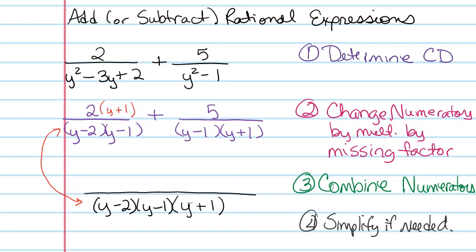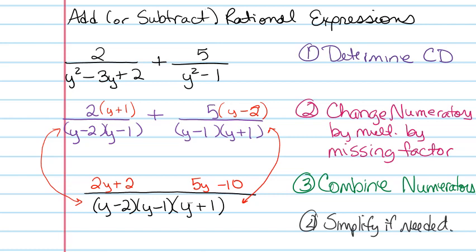So I'm going to multiply my numerator by y plus 1. And then when I compare these, I see that the y minus 2 is what's missing. So I'm going to multiply my numerator by y minus 2. And that gives me 5y minus 10.